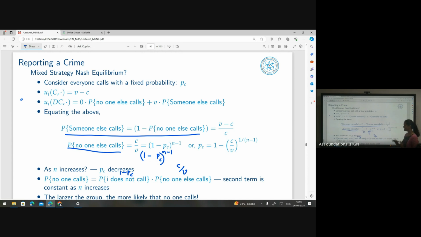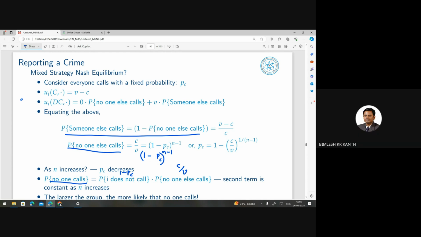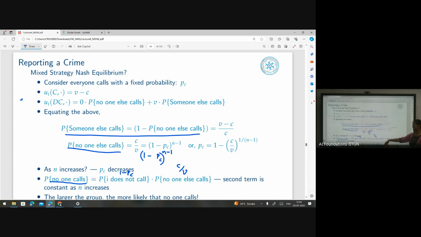But what we want is that no one calls. This is different from no one else calls. Sorry for these names. Now that will increase because the probability of me not calling increases. The moral of this story is whenever I see a lot of people, I won't really call because I assume that there are so many people they won't call, and this is what everybody will think.